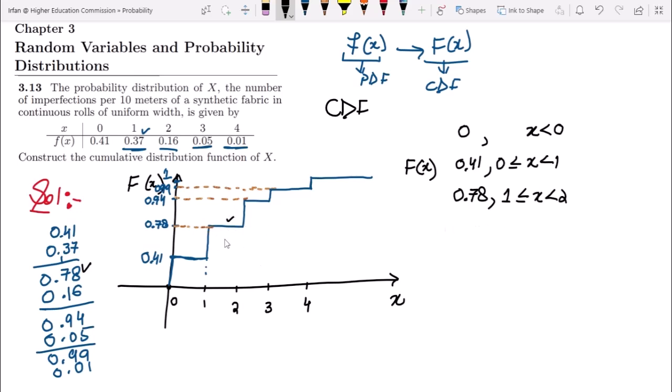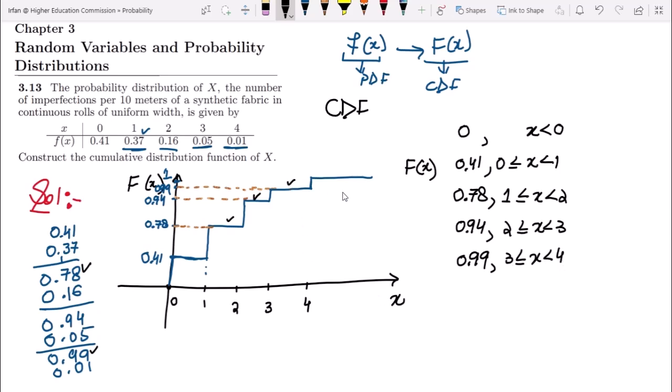Now after it we have 0.94, and this ranges from 2 to 3. We can very easily see that this is the range. After it we have 0.99, because now these two are added together, for x greater or equal to 3 and less than 4.